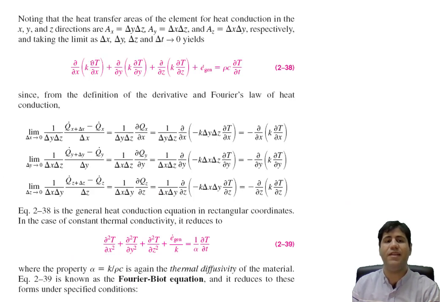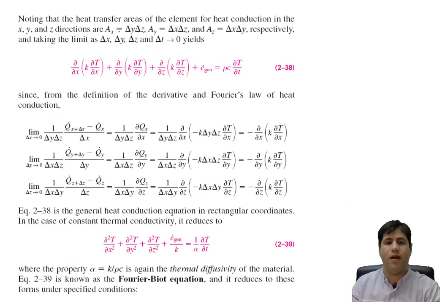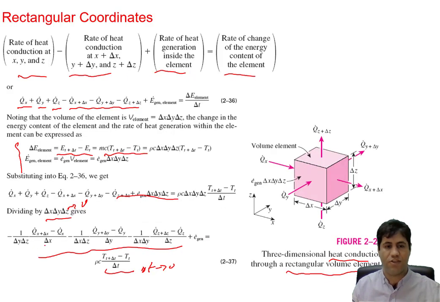Now we again take the limit on this side as delta t approaches 0, and on this side, but this time we need to assume that delta x, delta y and delta z approach 0. Limit delta x approaches 0 for this term, delta y approaches 0 for this one, and delta z approaches 0 for this one.